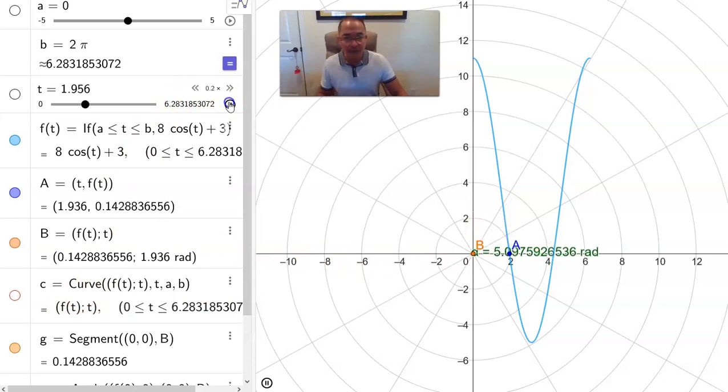Play, and boom. Where's our R? Very small. I can't get it to stop exactly at 0. But the angle is 1.96. That was about our first angle, our alpha, when R is close to 0. Keep playing.